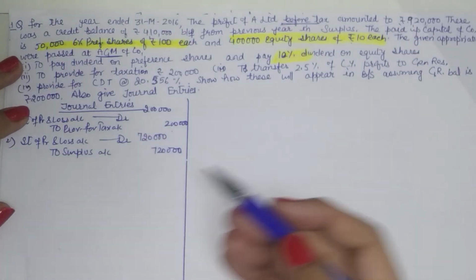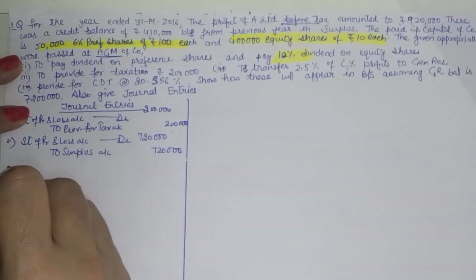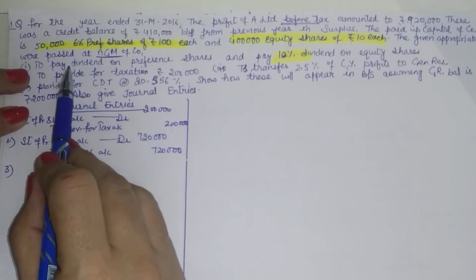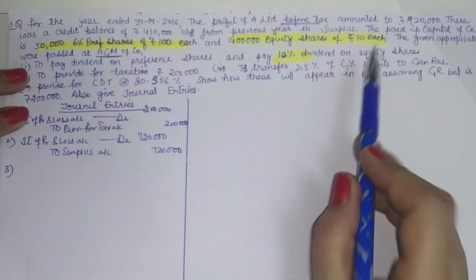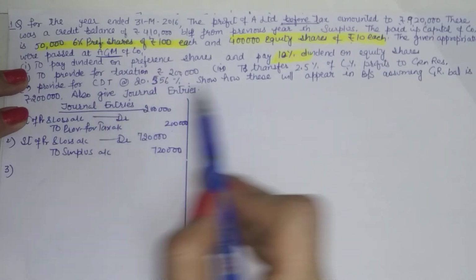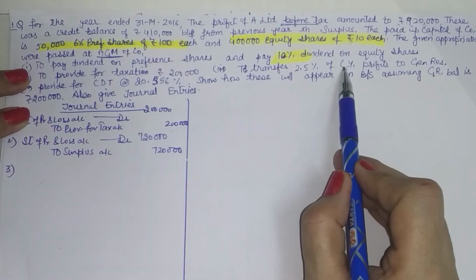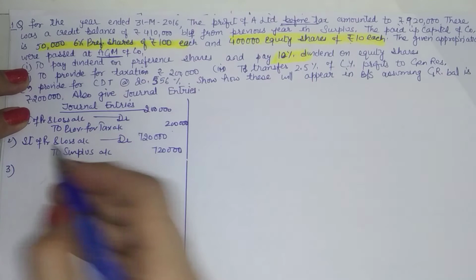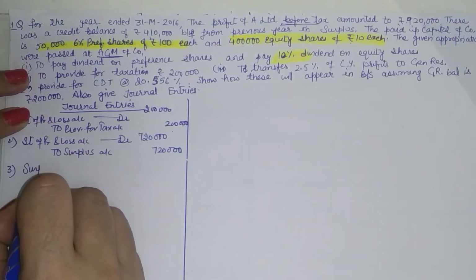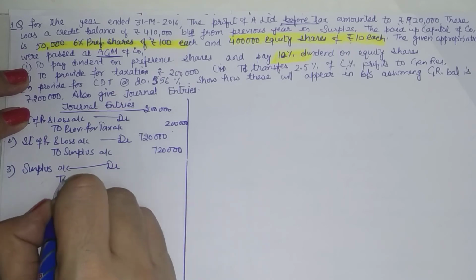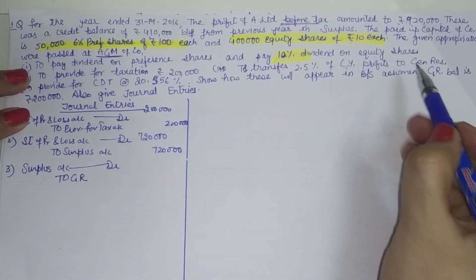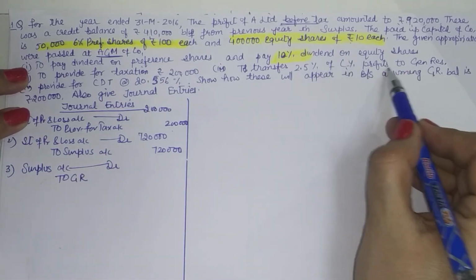Now we are to work for the transactions given. Now your question says pay dividend on preference and equity shares. So we are to account for dividends. Tax we have already done. Transfer 2.5% of current year profits to general reserve. So this we can do easily. So let us first transfer the amount to general reserve. Now it says 2.5% of current year profits.